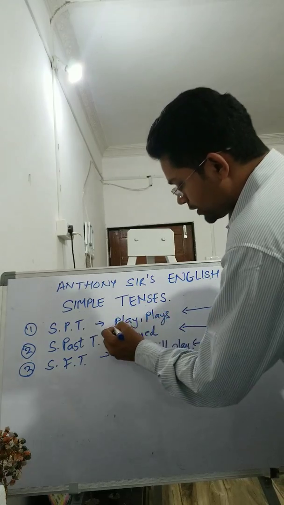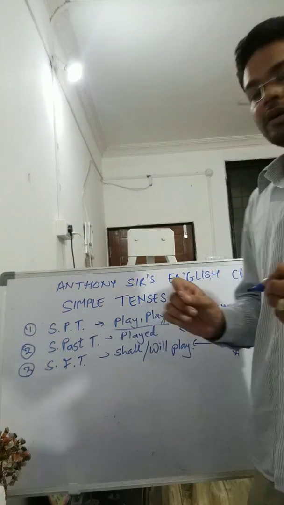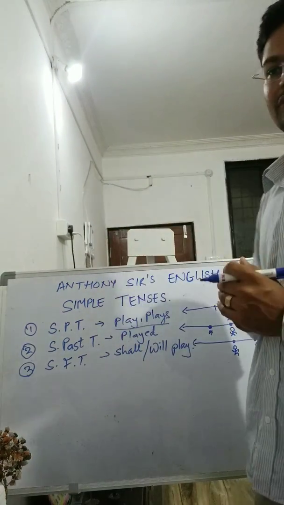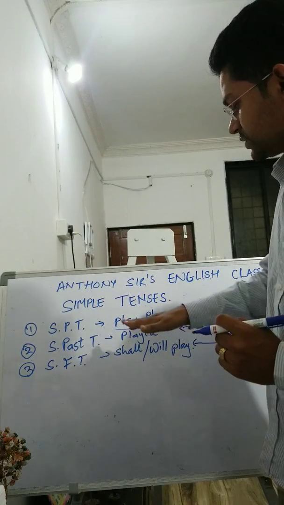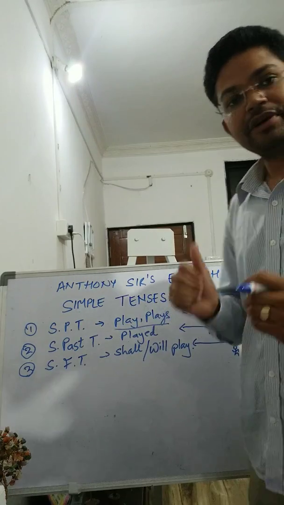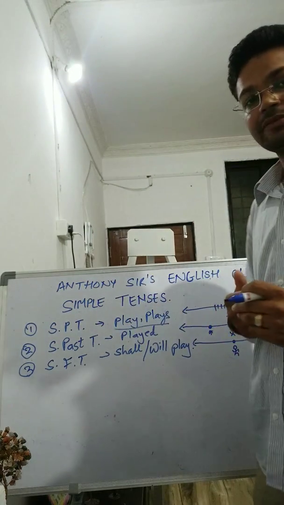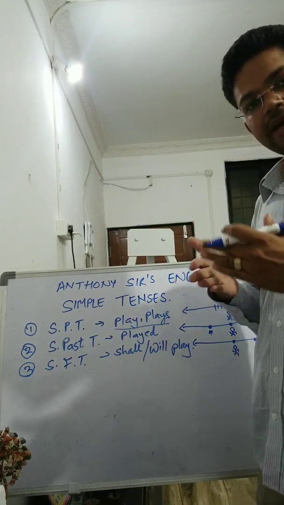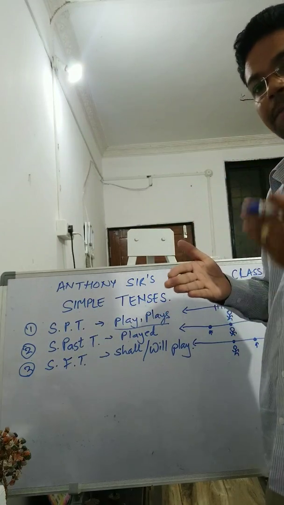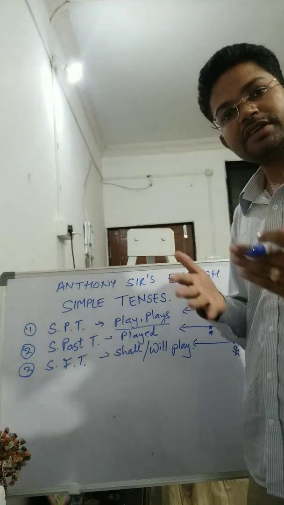Now, verb. Verb is the most important part of the grammar of tenses. In simple present tense, we use play and plays. Where do we use play and where do we use plays? So you must know: I play, we play, you play, he, she, it plays, and they play. What does it mean?